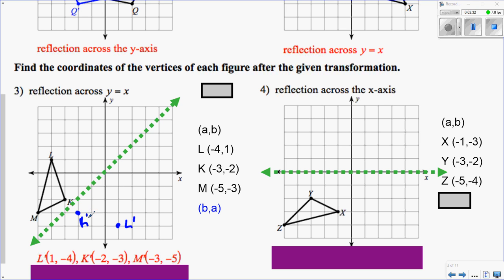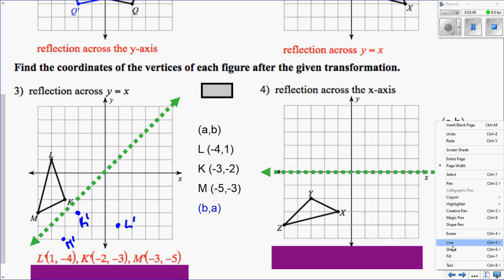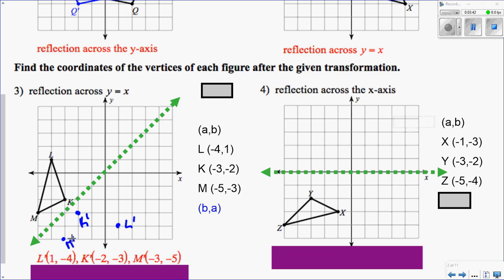And then we have M prime, which is (negative 3, negative 5). And then I'm going to connect those. So we have our image based on the reflection across y equals x.